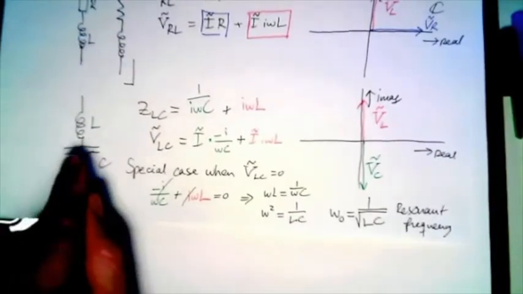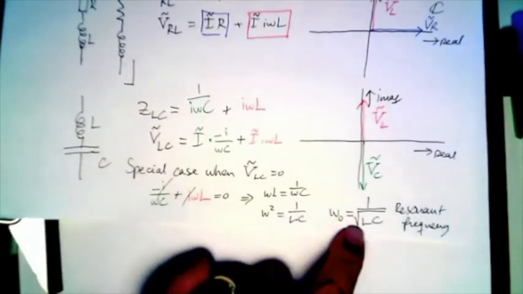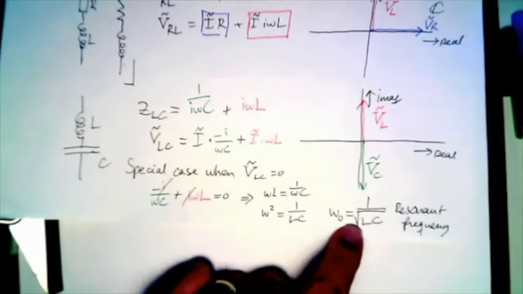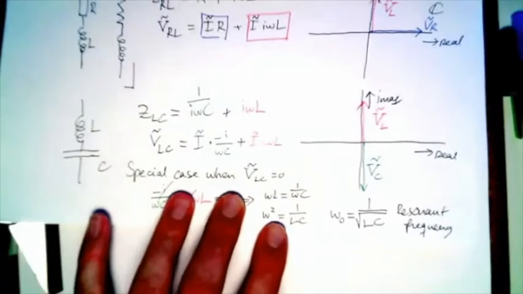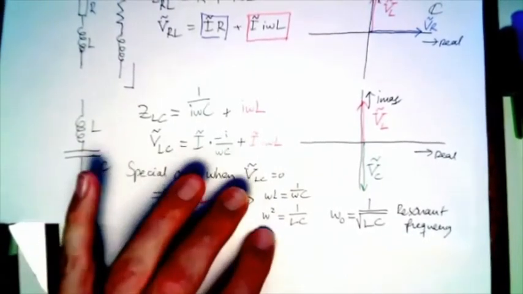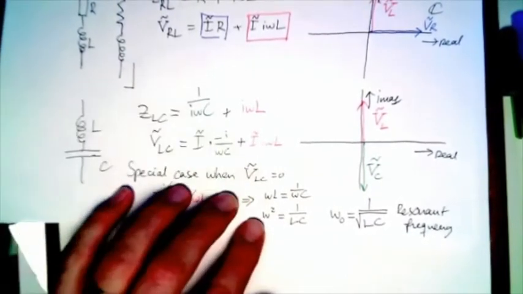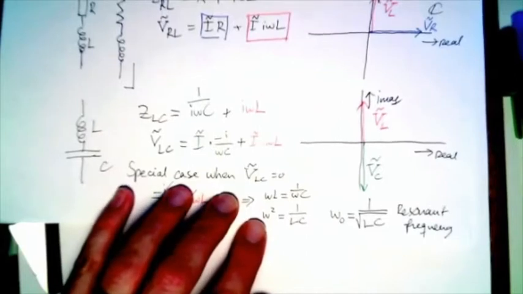When you change the capacitance, you change the resonant frequency. So you pick up a certain frequency because the impedance is 0 and it goes through, and you can use that to select radio stations or what have you.